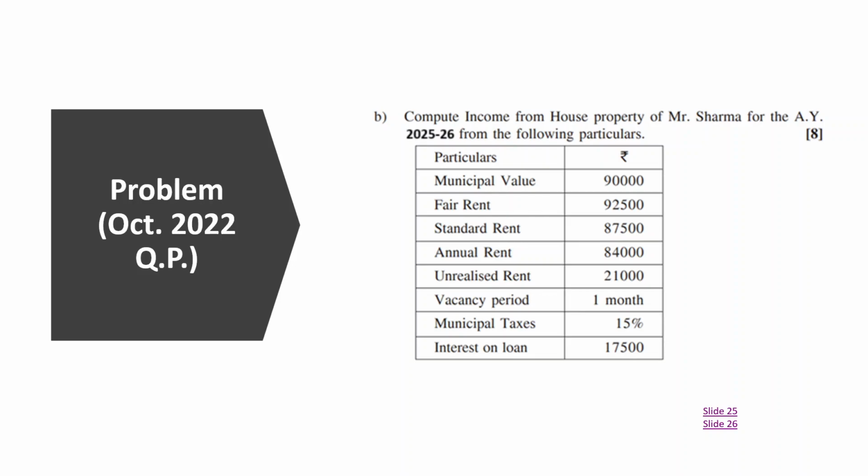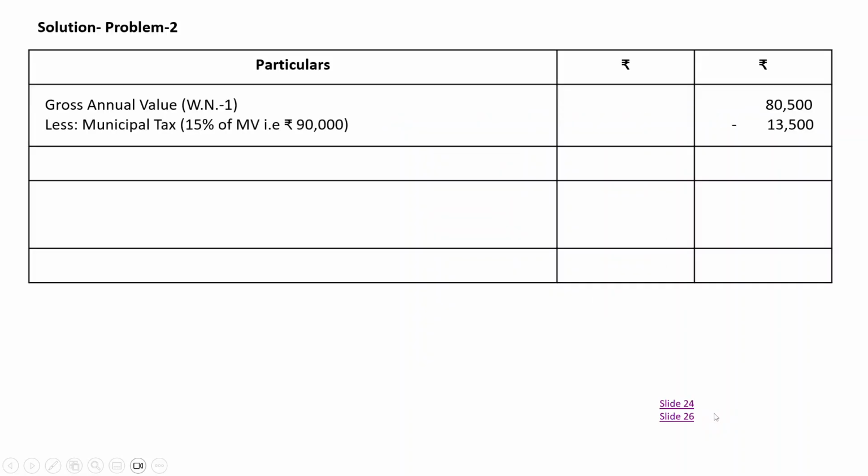So 15% of 90,000 is 13,500. Deduct that amount from the gross annual value: 80,500 minus 13,500. So we get the net annual value of 67,000.